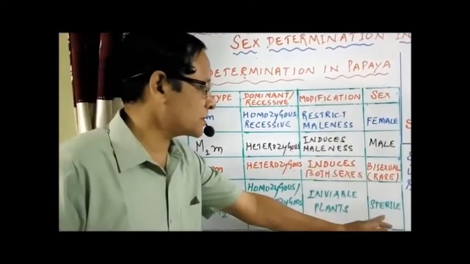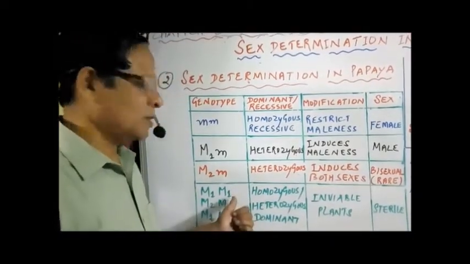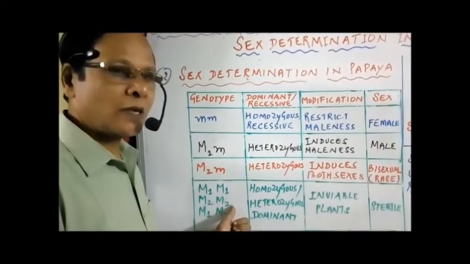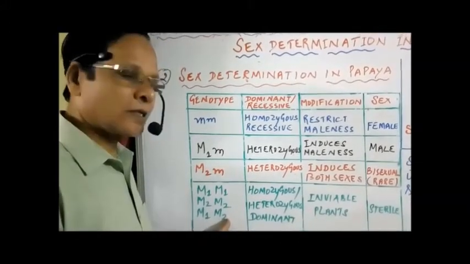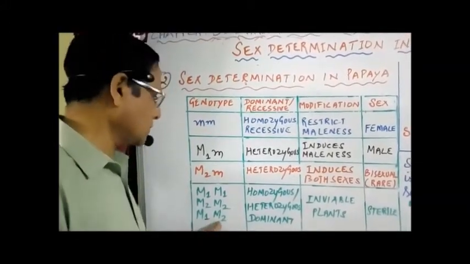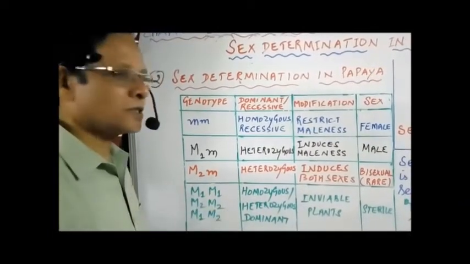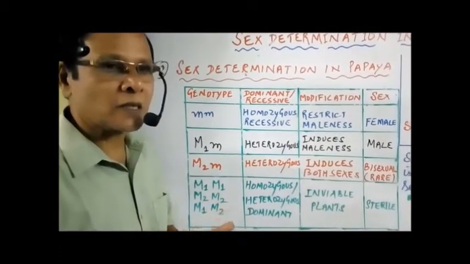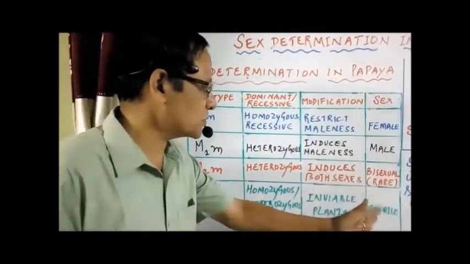So these plants are sterile in nature. All these three conditions result in the development of inviable plants, which are unable to reproduce, hence they become sterile.